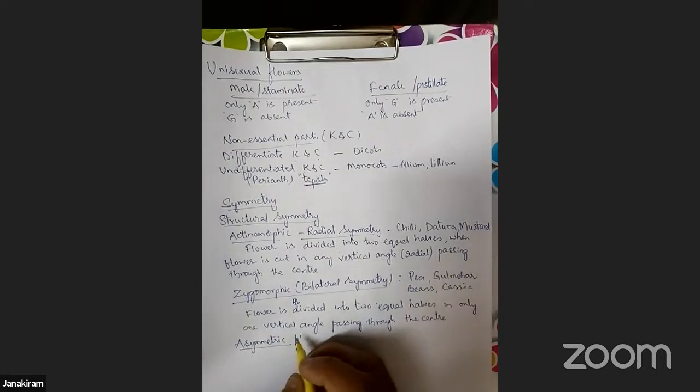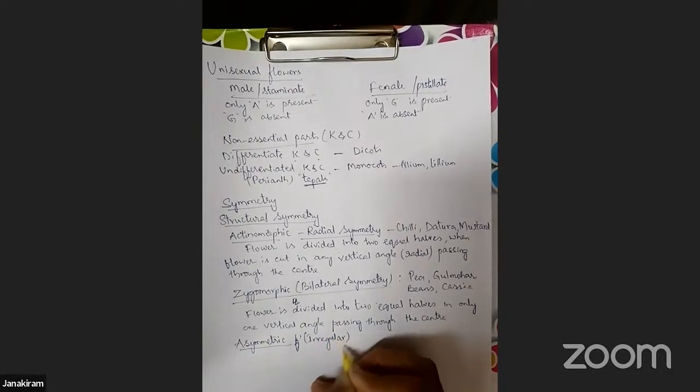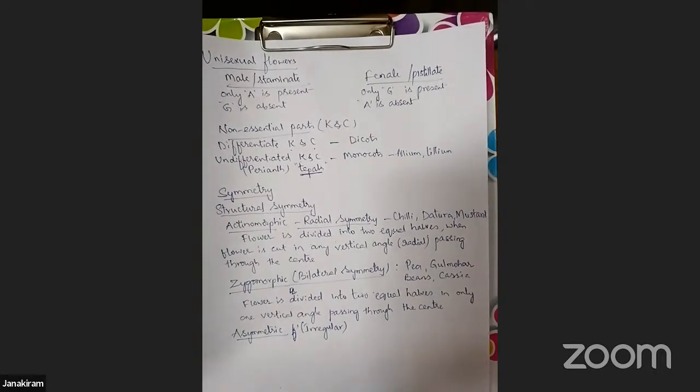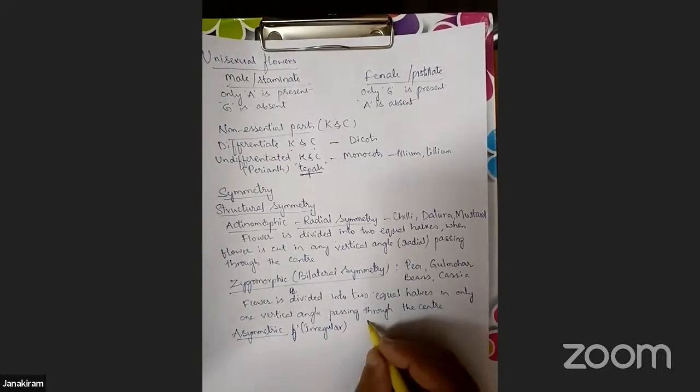Asymmetric flowers, or asymmetry, and these flowers are irregular in nature. Irregular means when we cut the flower in any vertical angle, we will not get two equal halves. This type of character can be seen in examples like canna.